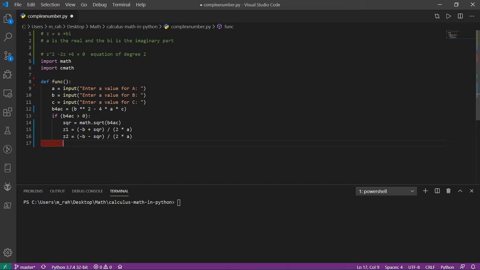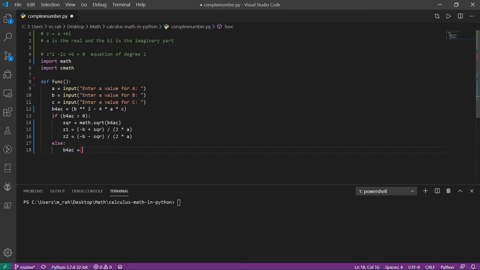If it's not, then we call the else. You probably don't need to call else, you can solve it without else, but I just call it. Again I create a variable and check if this value is negative.